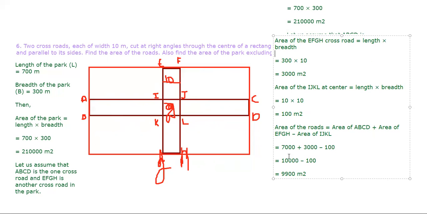So now it is 7000 plus 3000 minus 100, that is, sorry, 10,000 minus 100, which is 9,900 meters square.